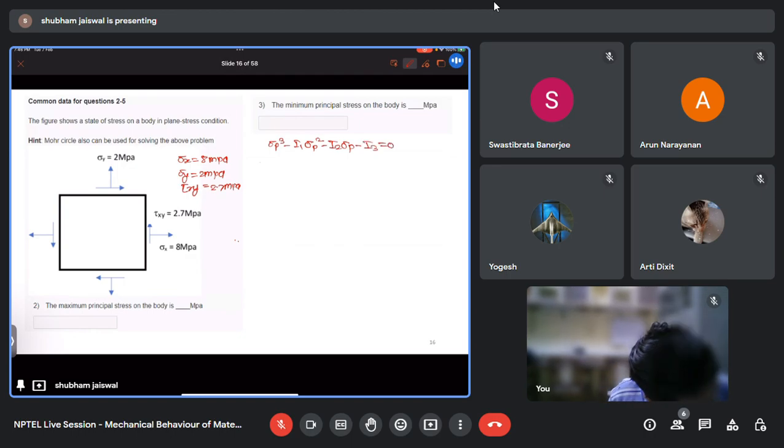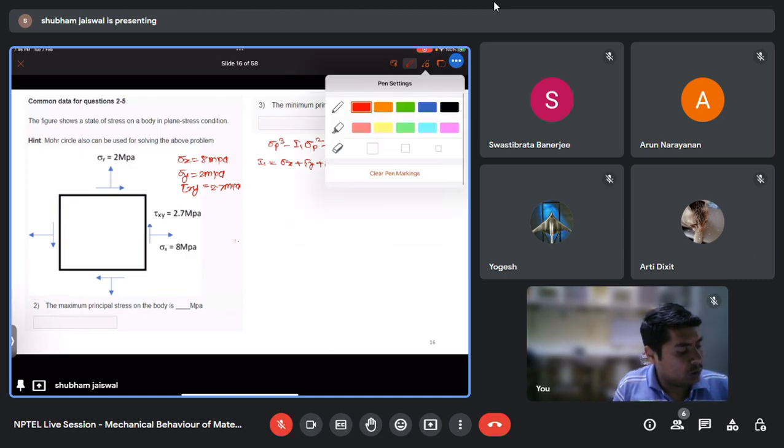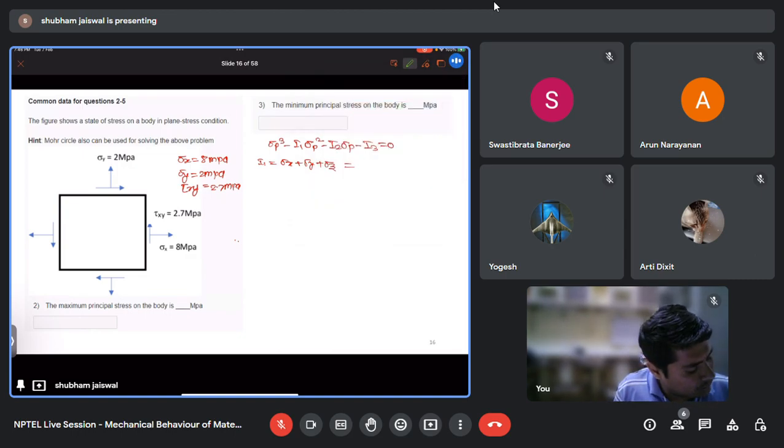What is I1? Sigma x plus sigma y plus sigma z, so 8 plus 2 plus 0 comes out to be 10. Is it correct?